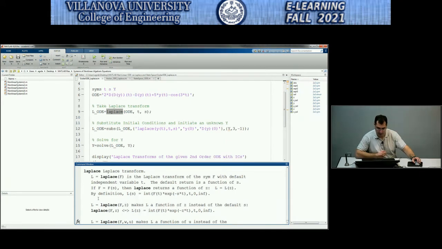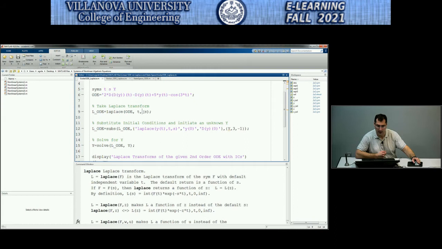By default, MATLAB understands what is the time variable t and what is the Laplace variable s. You might want to specify it here as well. MATLAB is going to take the Laplace transform of this entire equation, where t is the time variable, and it will end up being a function of s, the Laplace variable.